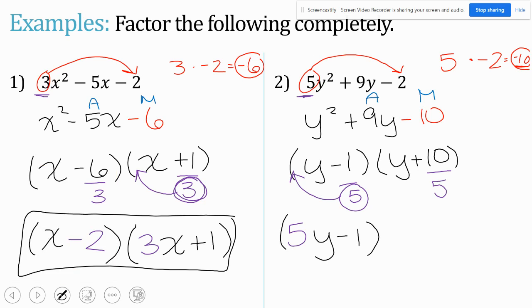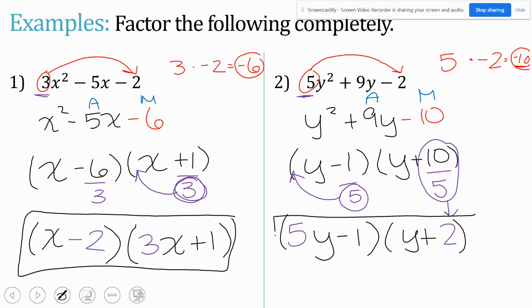And then the second one, we notice that we can simplify this. 10 divided by 5 is 2. So this becomes y plus 2. So we just divided that and it became 2. Okay, like I said, you can always check this by doing the box method.